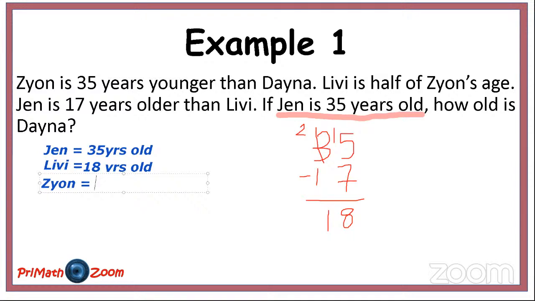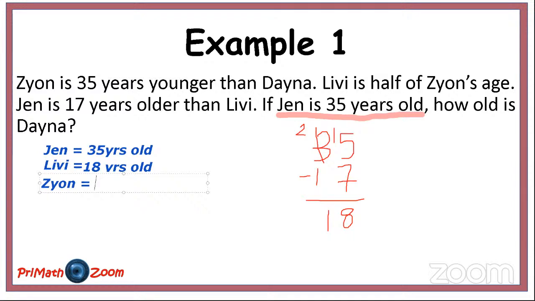Hope Sterling says it is 36 because 18 plus 18 is 36. Nashania is saying 18 times 2 equals 36. Charisma is explaining that since it's twice, you have to multiply 18 times 2. Kimani Williams, 18 times 2, 36.